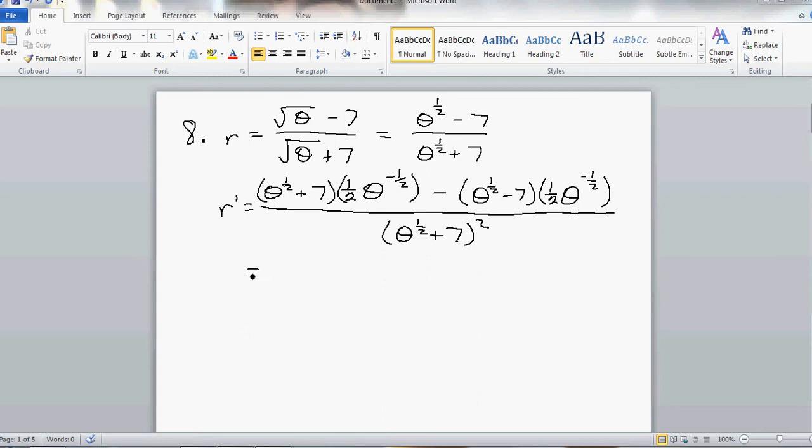And once again, we're just going to leave it that way as it stands. Okay, so now let's clean this up. So 1/2 theta raised to the negative 1/2 times theta to the 1/2 boils down to 1/2 theta to the 0 power, or 1/2, plus 7/2 theta to the negative 1/2.